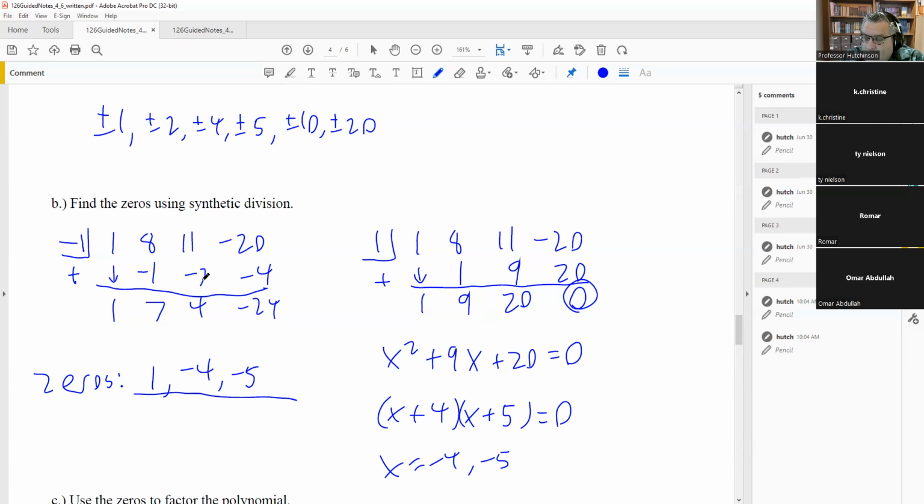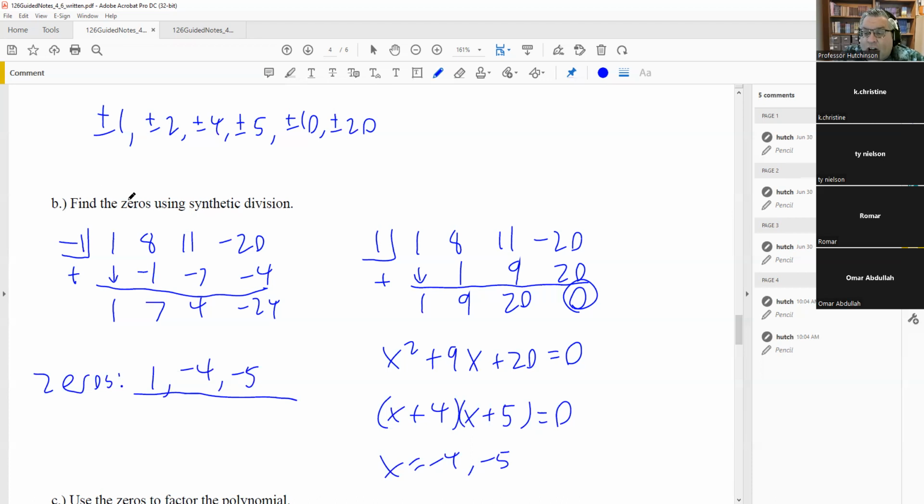Okay, so I'm going to show you on the next problem something we can do to make this synthetic division a little bit easier, so we don't have to run through the entire list and do all these by synthetic division. There's another way I'll show you that can speed up this process. I'll let you know that on the test that's coming up, I'm actually going to give you one of the zeros first.